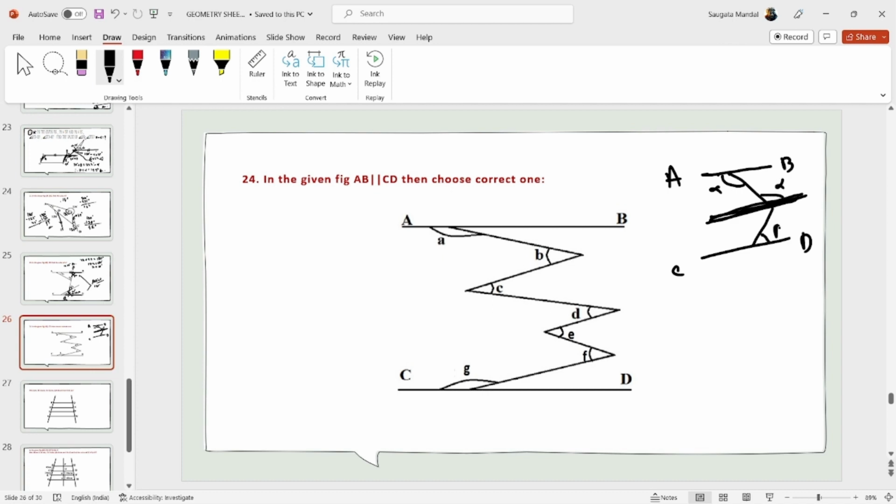If this value is beta, this value is beta. This is the alternate angle. And extend the line. This angle and this angle, they are corresponding to each other.